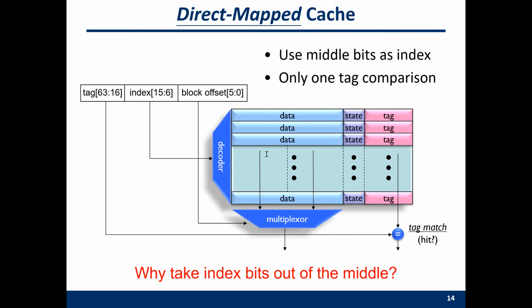Yes, because this 4 is exactly this 4. So if you have 8 frames here, then you just mod 8. So if I change this address, then it will go to the second entry.